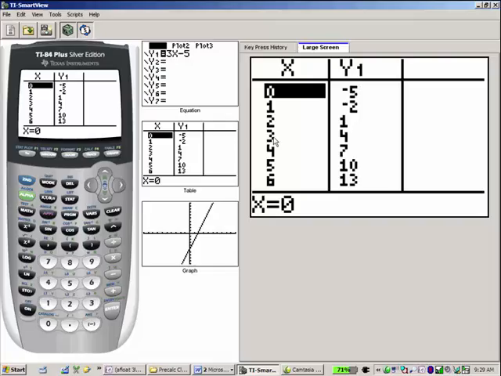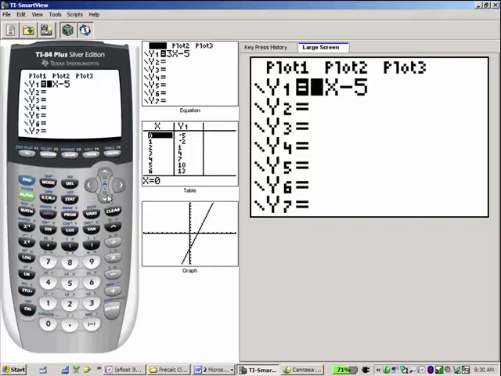Alright, so somewhere between 2 and 3, the function is going to be equal to 2, right? So when is the function going to be equal to 2? Somewhere between 2 and 3. Now you could set your table to get better and better estimates, but do you really think you're going to get 7/3? Probably not. You're probably not going to get that on a table. But what you can do is you can do y2, and you can say, let y2 equal 7/3.